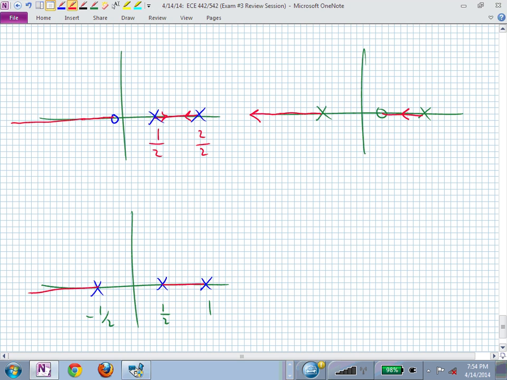Am I done? How many root locus branches do I have? In unison, 3, right? If I have 3, how many asymptotes do I have? If I have 3 branches, how many infinite zeros do I have?